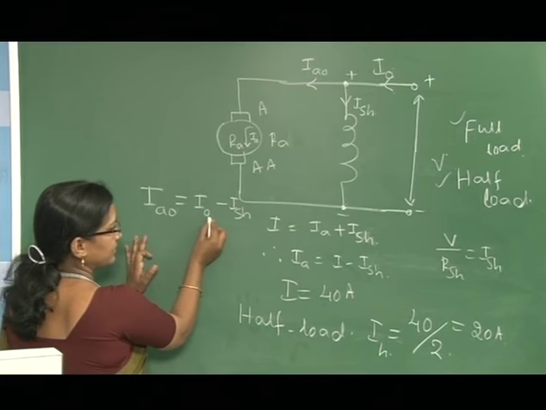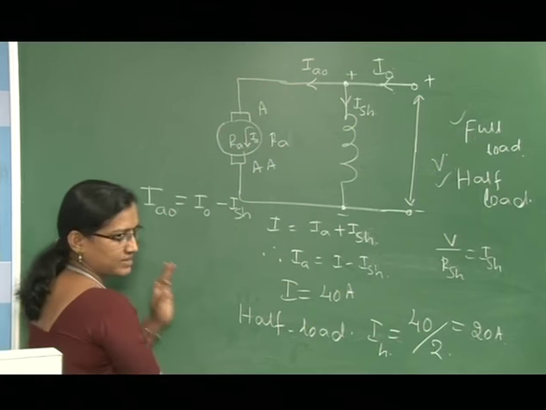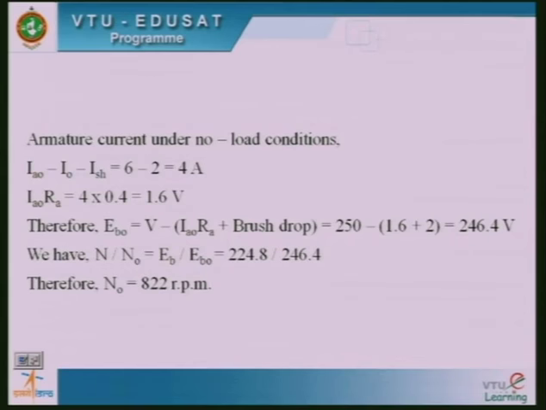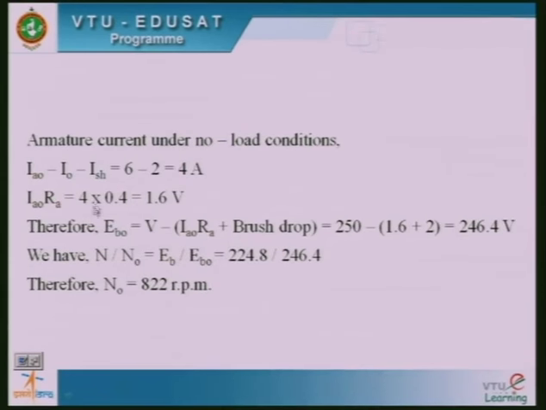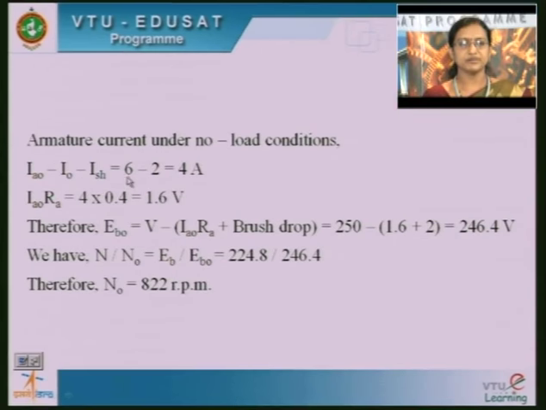Since you have already calculated ISH, substitute in this. The current drawn by the motor under no load condition is 6, ISH is 2, 6 minus 2 will give you 4 ampere. Now, you calculate the armature resistance drop IA naught into RA, that is equal to 4 into 0.4, we are getting 1.6 volts.